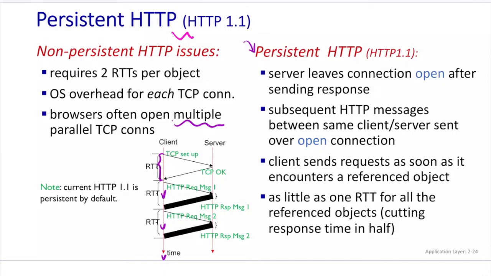A client sends the request as soon as it encounters a referenced object, so the following objects can be transferred from the server to the client with as little as 1 RTT for all the referenced objects, right? Cutting response time in half. So that is the design of persistent HTTP. And currently in our browsers, we usually use HTTP 1.1, which is persistent HTTP. We don't use HTTP 1.0 anymore because efficiency is important, right?